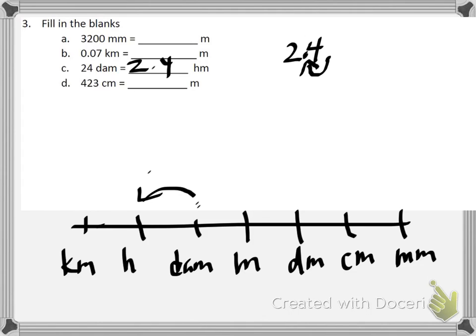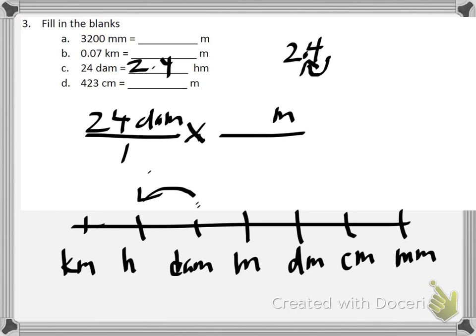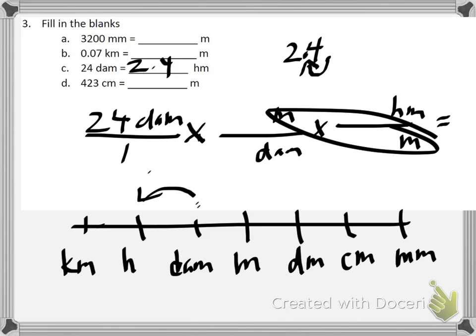Now, if we were going to do this with conversion factors, we would actually need to go from 24 decameters to meters, go to the base unit, and then go to hectometers. And then, of course, the decameters here to cancel, and our meters here to cancel. So we always cancel what is opposite there.